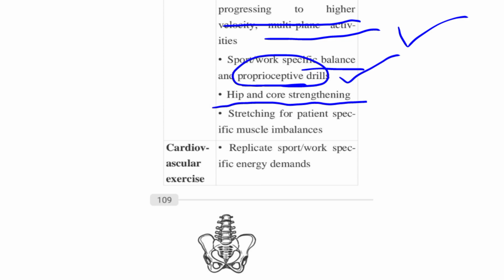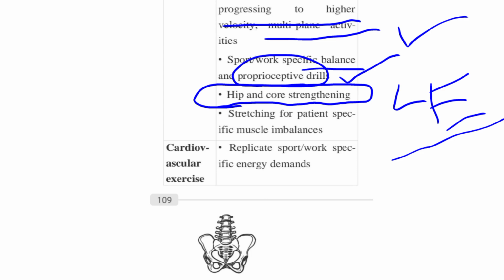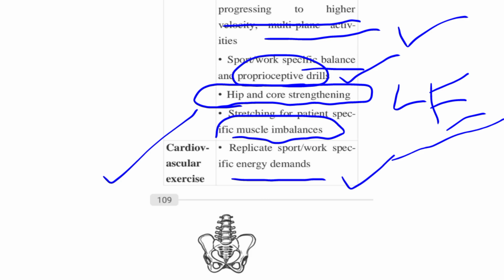Hip and core strengthening exercises are also very important, along with lower extremity strengthening. Stretching for patient specific muscular imbalance. And last, cardiovascular exercises that replicate sport or work specific energy demands are also very important. And here is the end of our orthopedic rehabilitation protocol.